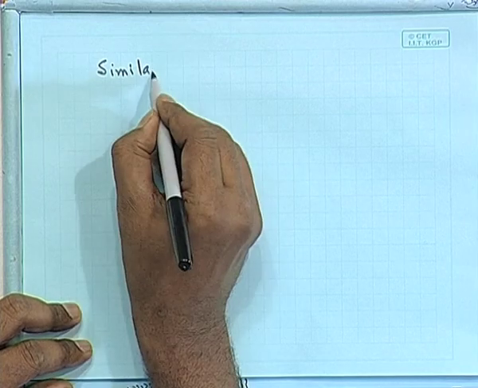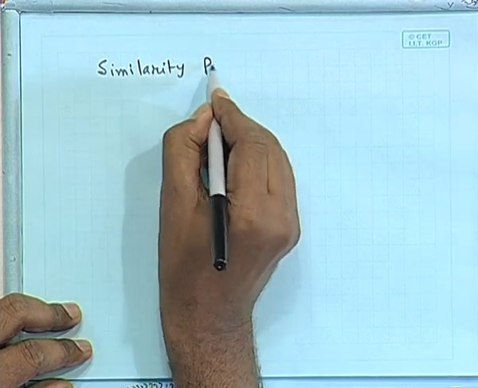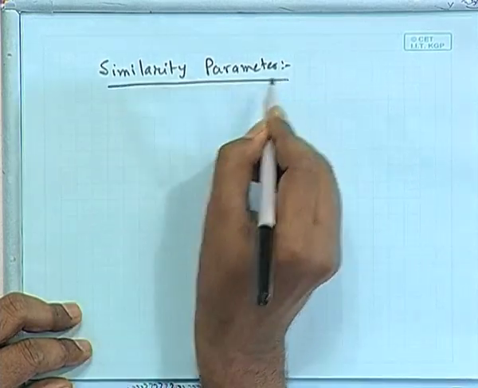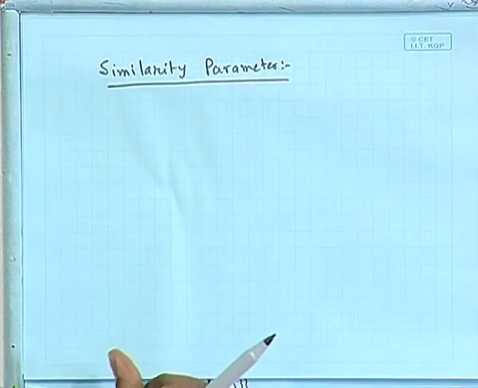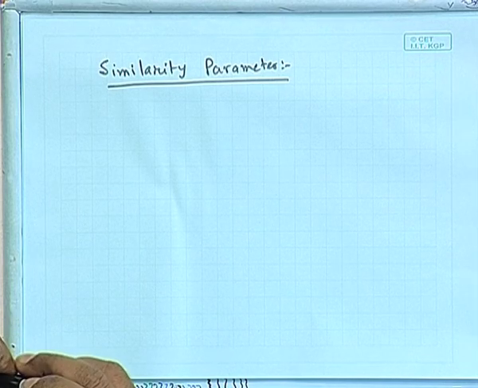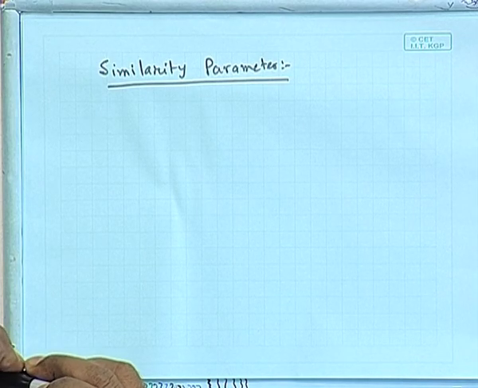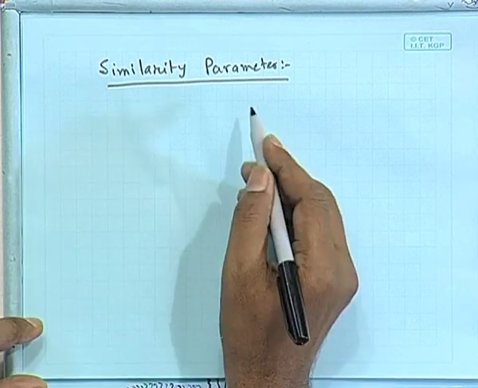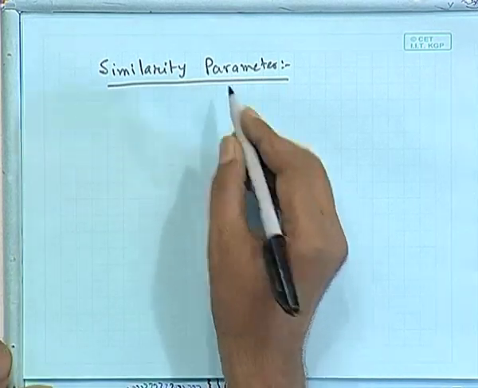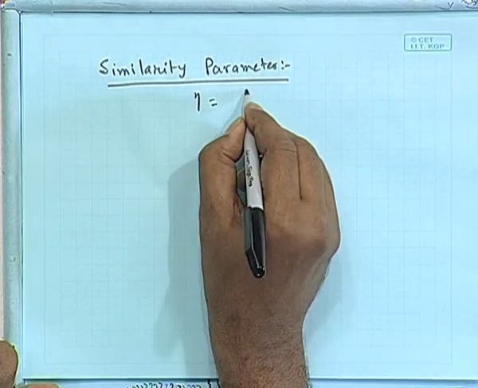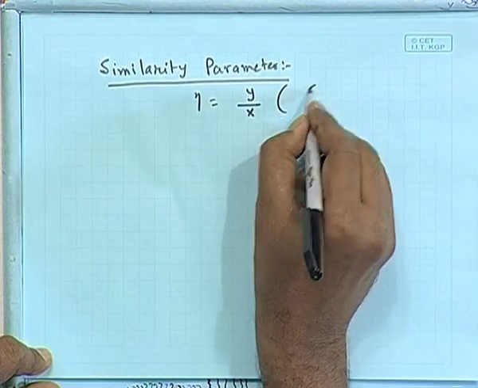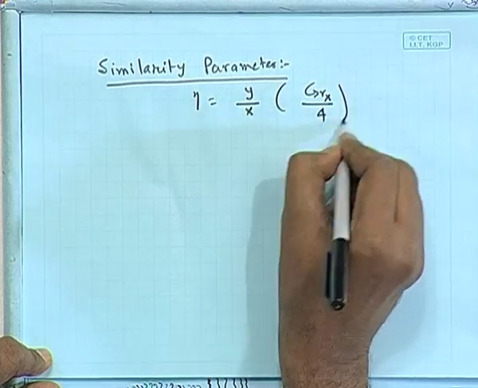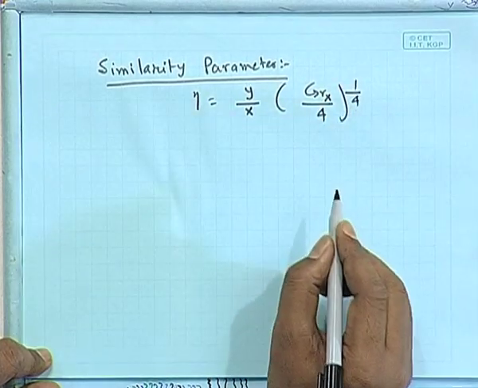Similarity parameter. Now, I think we have already decided previously how to determine the similarity parameter in case you have self-similar profiles. Okay. Now, I am not going into detail how to determine the similarity parameter in this case. The similarity parameter will take this form: eta equals y by x, Grashof number based on x, not L, divided by 4, raised to the power 1 by 4.